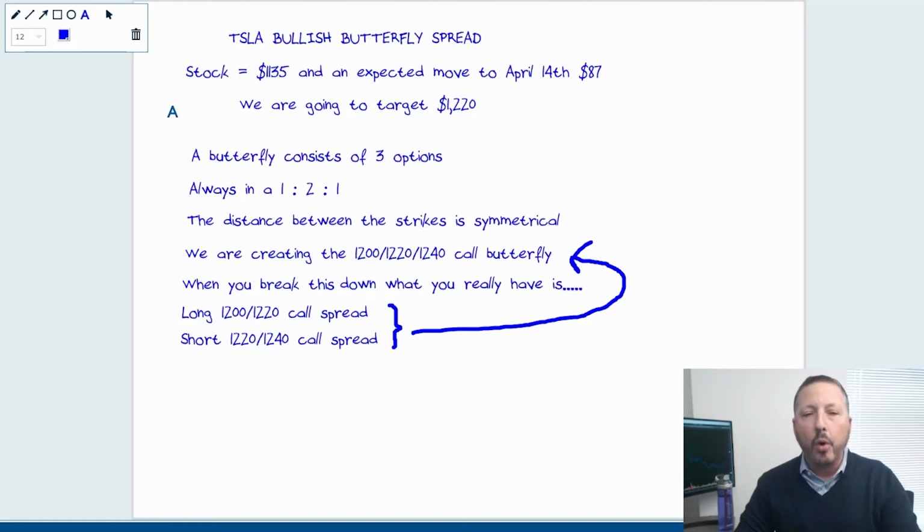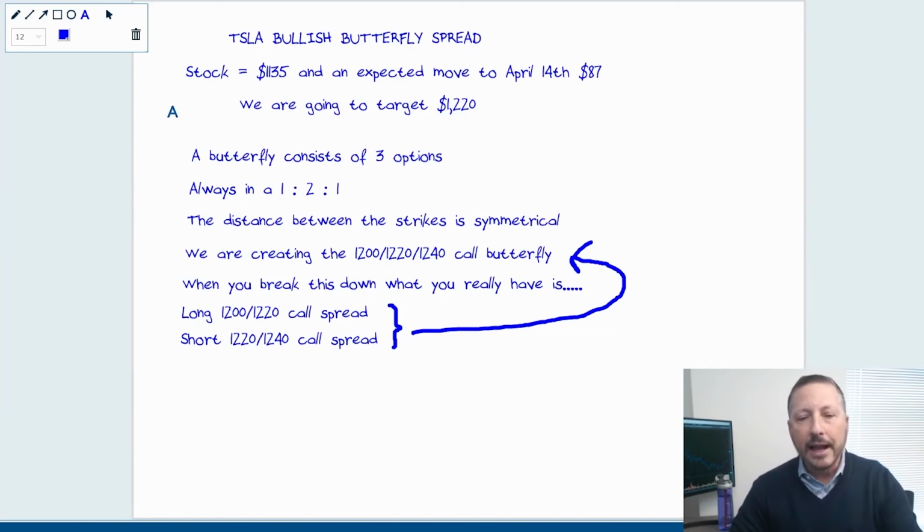Now, why would you ever do that? Why would someone ever do that? If we think the stock is going to 1220, you can create any sort of call spread you want. Obviously, the wider the distance between the long and the short strike, the more expensive that's going to be. In this case, we have two vertical spreads, a long spread and a short spread.